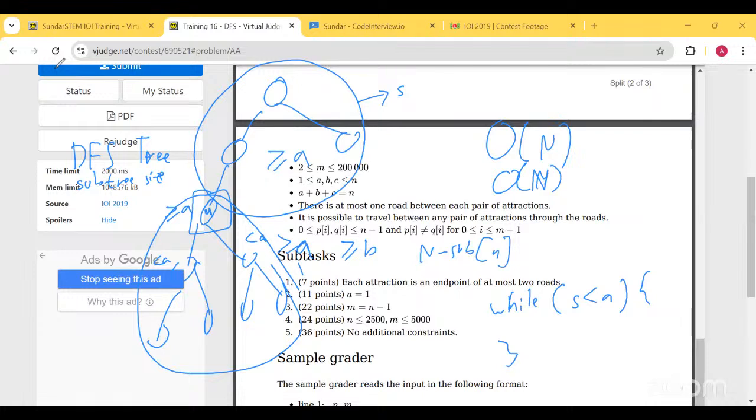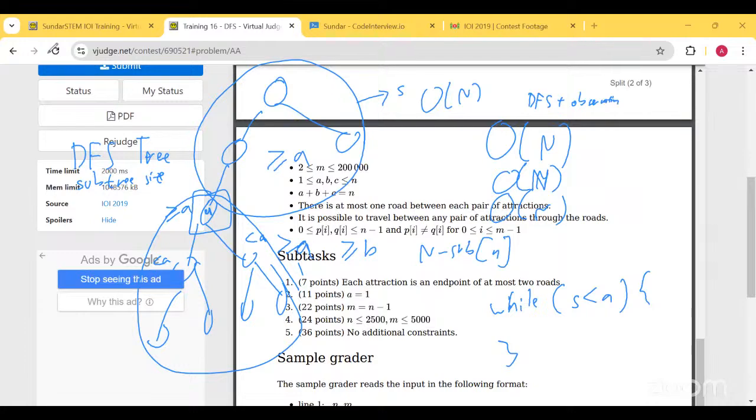All right. So the total complexity is just O(n). And the main algorithm is only DFS. I think there is no other algorithm except DFS plus observation.